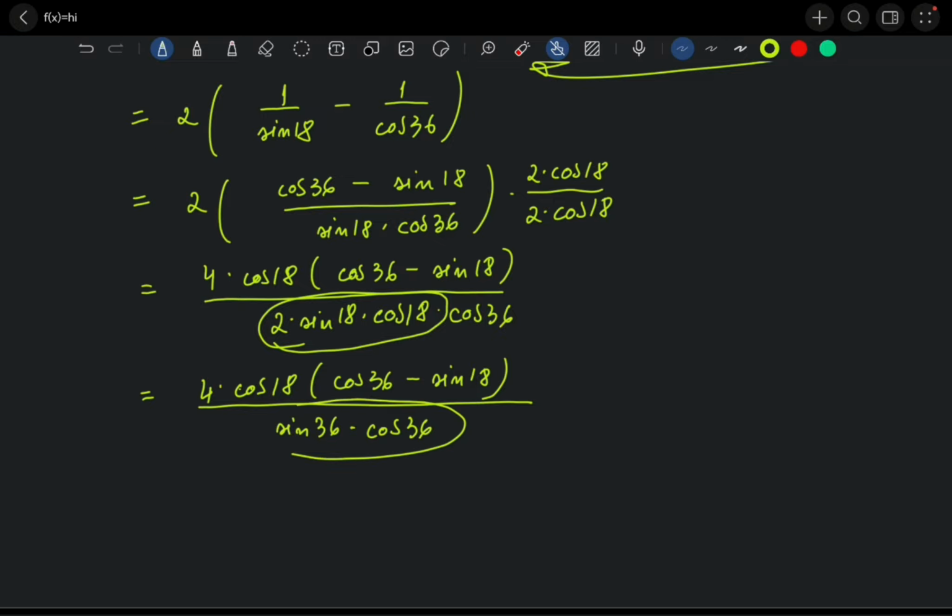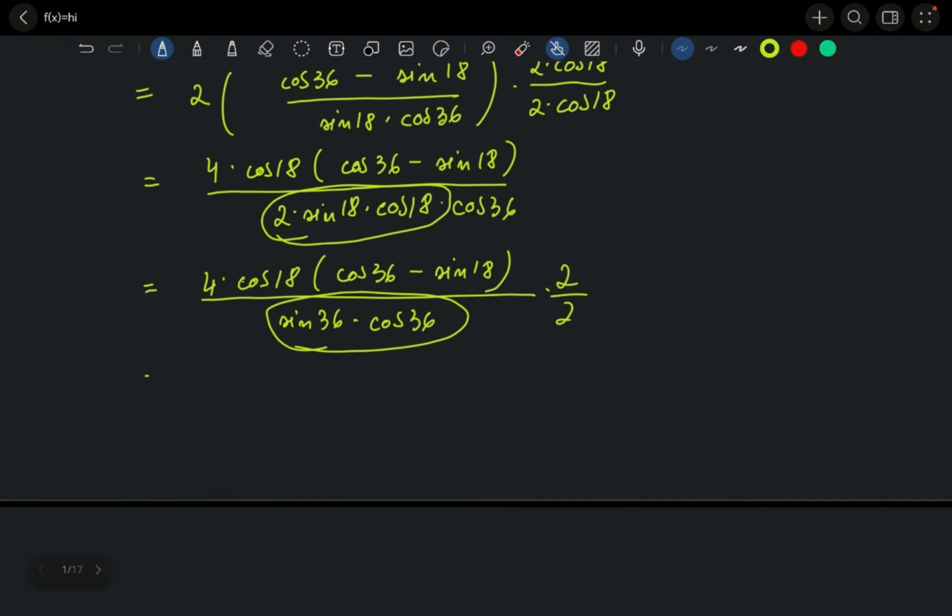Well, this is almost the double angle identity for sine of 2 times 36, but we are missing a 2, so we are going to multiply and divide the whole expression by 2, and we'll get 8 times cosine of 18 all over cosine of 36 minus sine of 18 all over 2 times sine of 36 cos of 36, which is equal to sine of 2 times 36, which is 72 degrees.